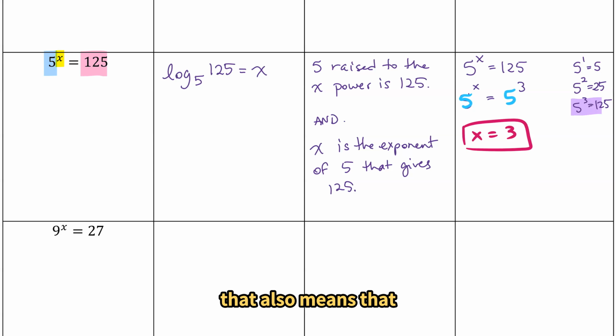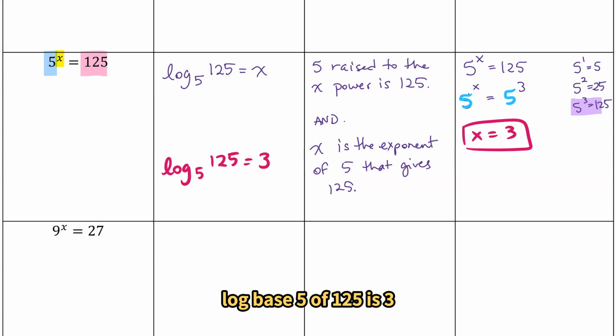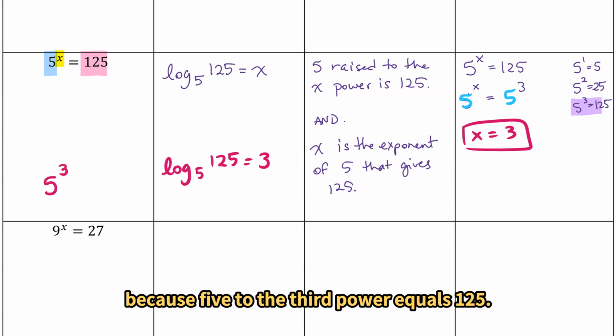Since x equals 3, that also means that 3 is the answer to my log equation. Log base 5 of 125 is 3 because 5 to the third power equals 125.